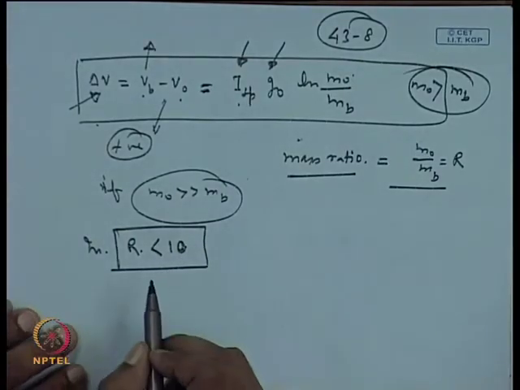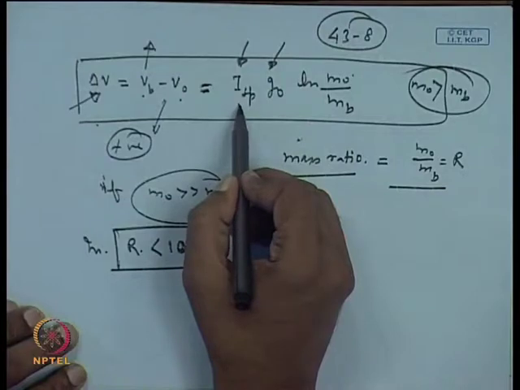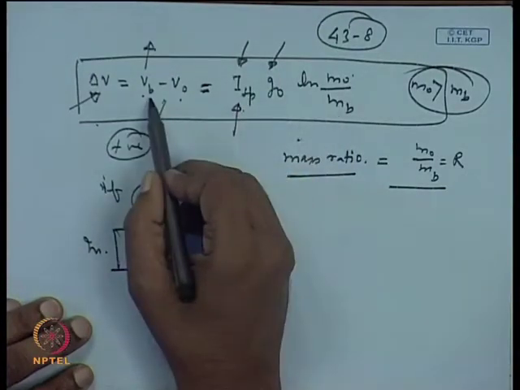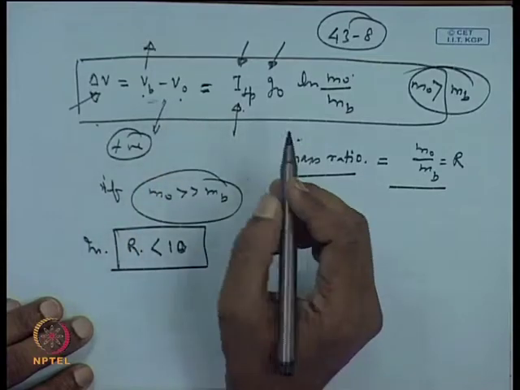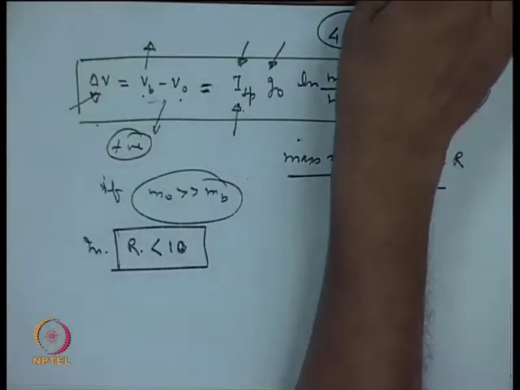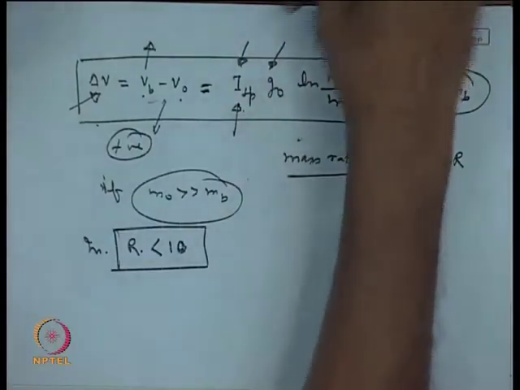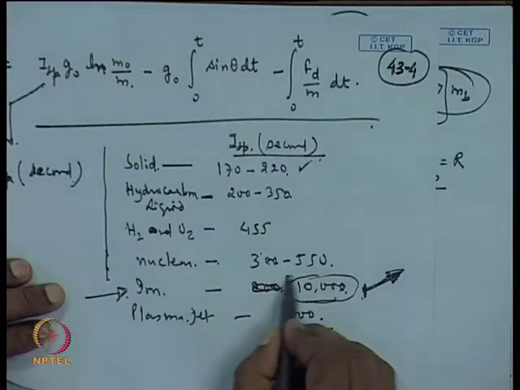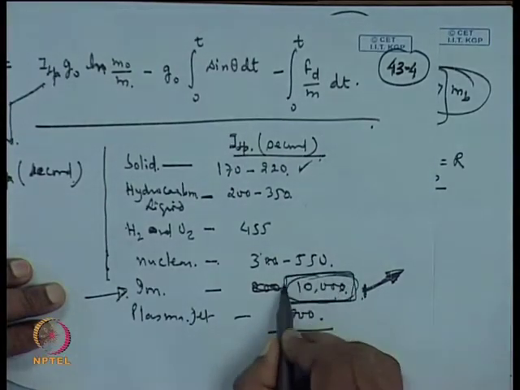Okay. Now, another thing that you can control is the ISP. If the ISP is larger, you can see that again delta V will be large. As in the case of the ion rockets, we wrote that the value of specific impulse is 10,000 seconds.